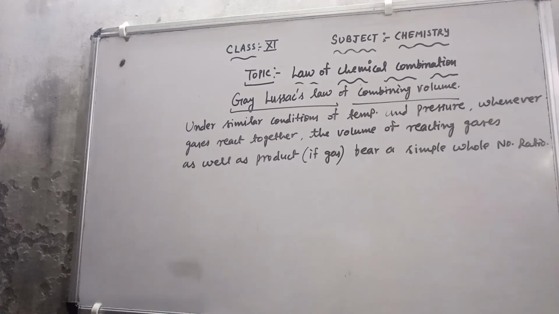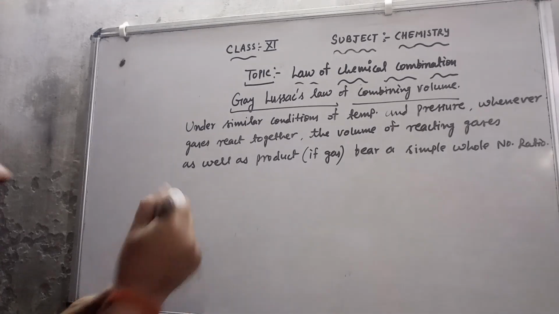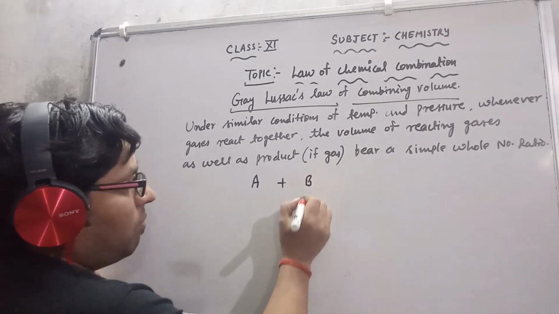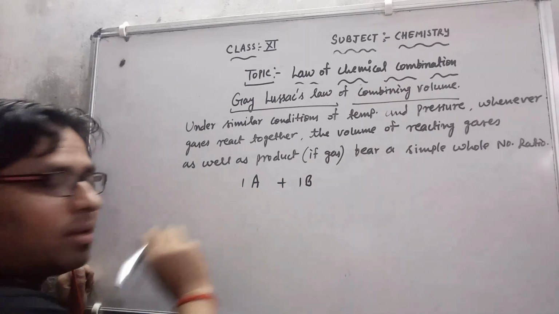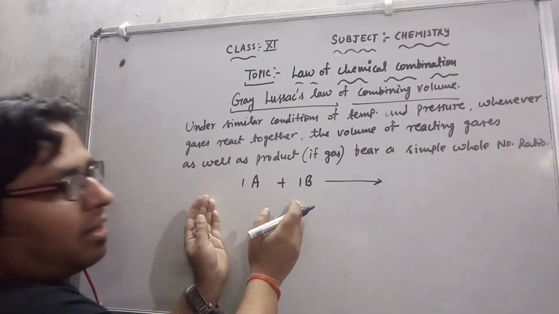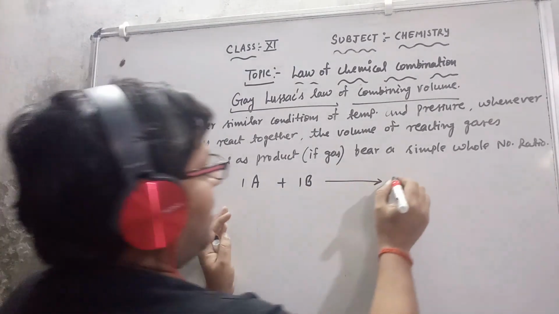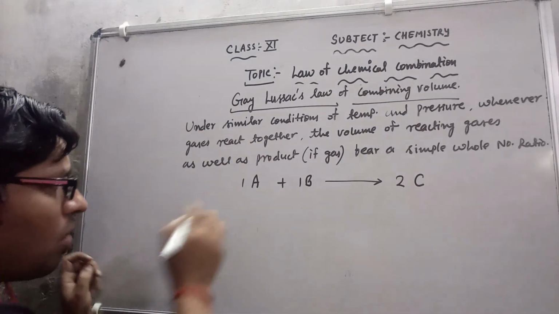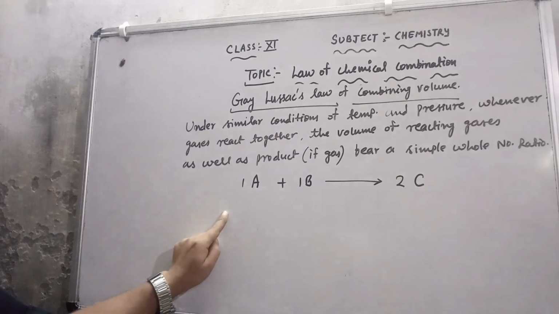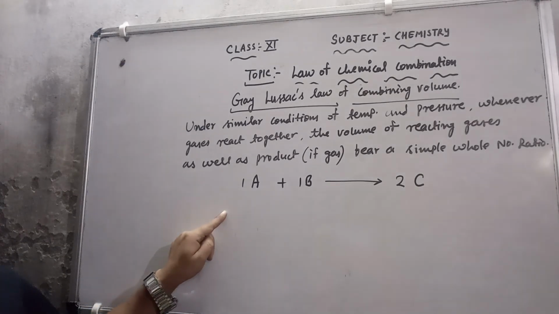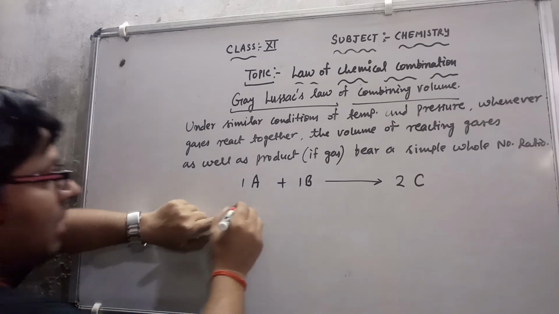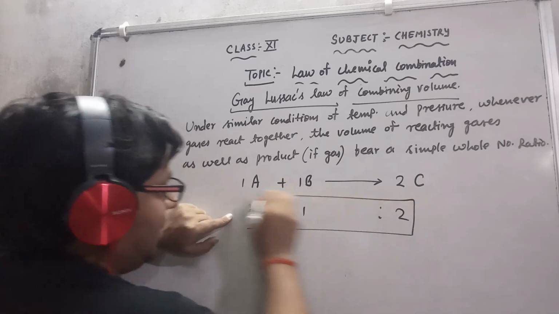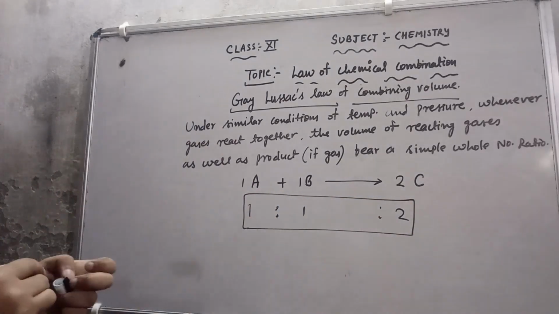The meaning is this: suppose I have 1 volume of gas A combined with 1 volume of gas B, and after reacting they give us 2 volumes of a gas C. So the ratio will be 1:1:2.